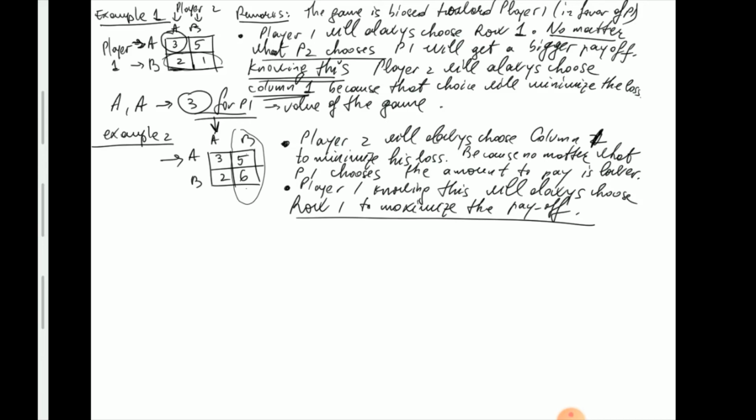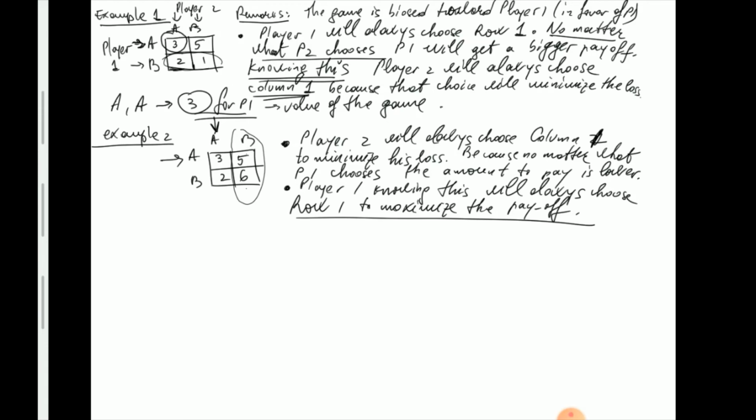It doesn't matter who is listed as having the choices on the column or having the choices on the rows. The idea is that in a situation like this, because of the way these payoffs are distributed and their amounts, there is always an obvious choice for one of them, which immediately implies an obvious response for the adversary, for the opponent.